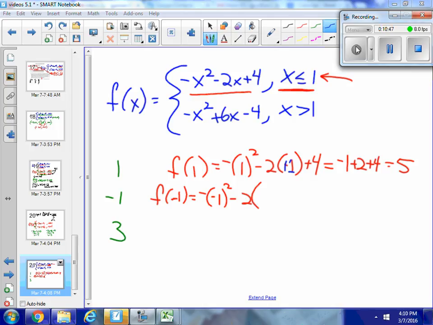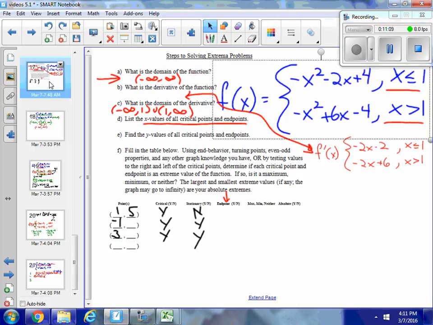So I'm going to get 1 minus 2 plus 4, which equals 1. So at f of 1, my y value is 1. Let's go back over here and fix that. F of 1, my y value is 1. Sorry, at least I caught it before the end.